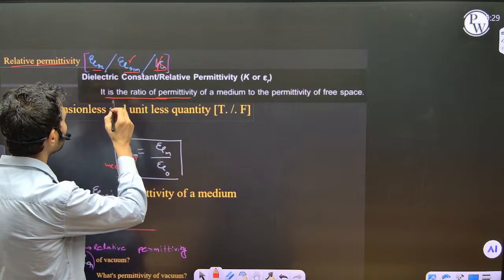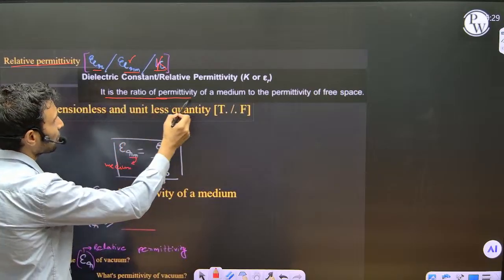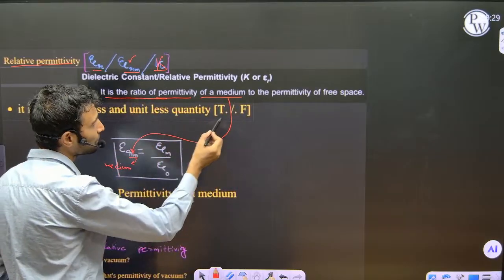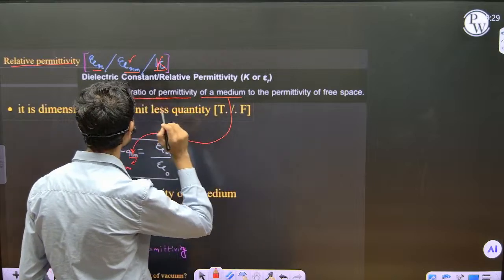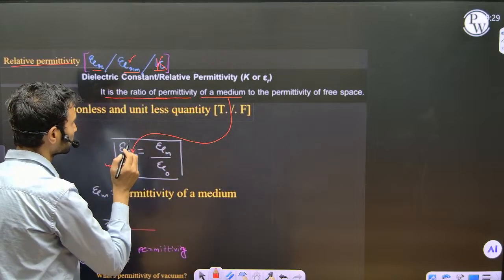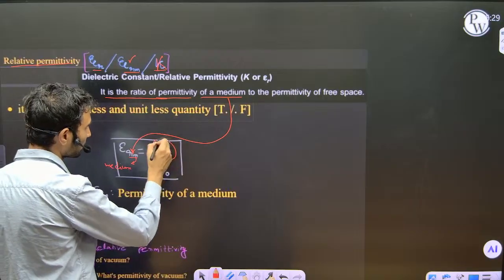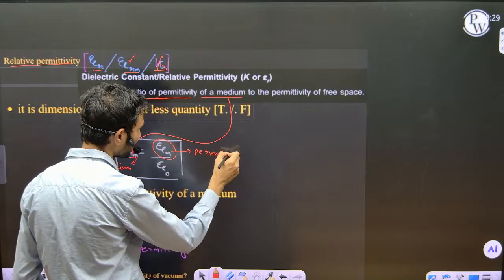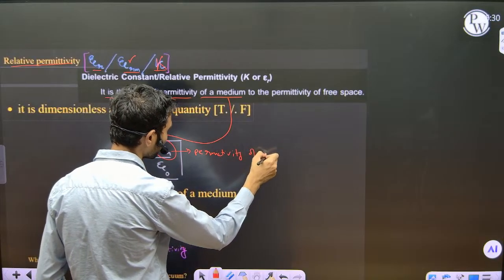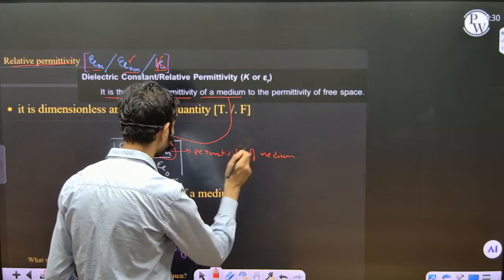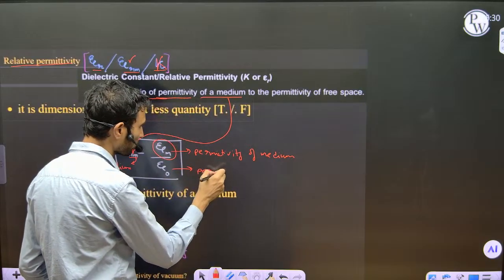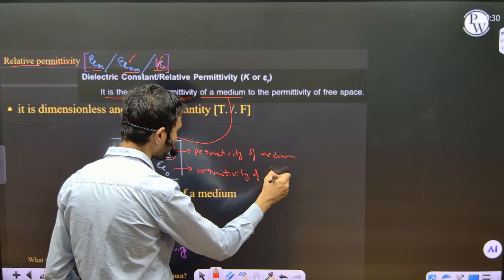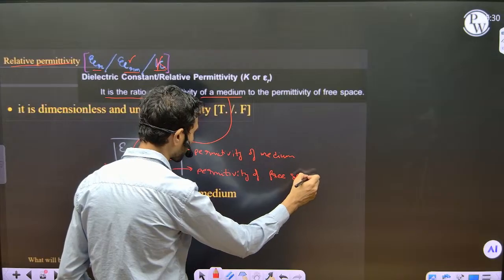So relative permittivity of a medium is the permittivity of the medium divided by the permittivity of free space.